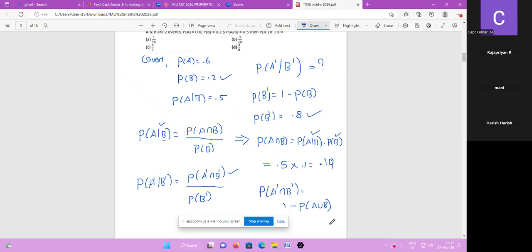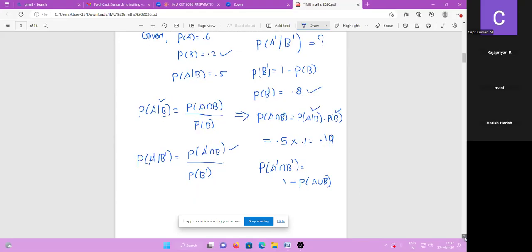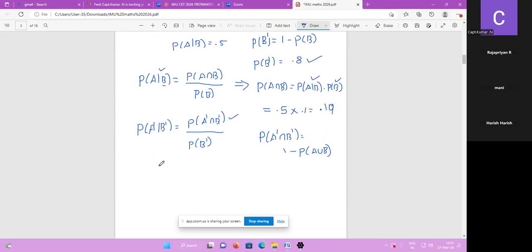So 1 minus... okay. So A union B, we have one more formula. Not a problem. See formulas, but this is the easiest one: probability of A plus probability of B minus probability of A intersection B. Now, what is given?